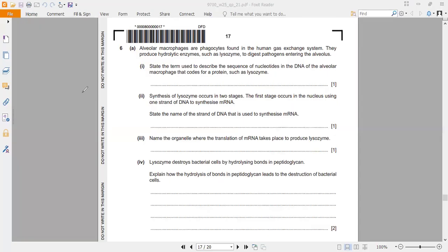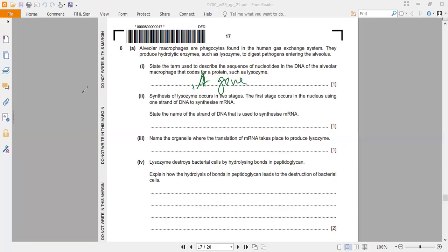State the term used to describe the sequence of nucleotides in the DNA of the alveolar macrophages that code for a protein such as lysozyme. The answer is a gene. Very simple question.